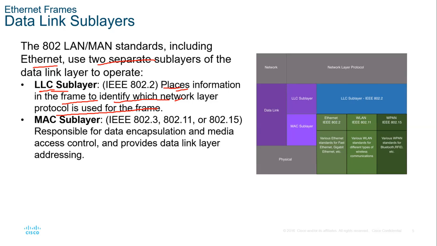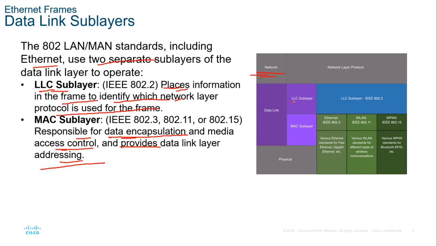Then the MAC sublayer is responsible for data encapsulation and media access, and provides data link layer addressing. So when you look at this, we still have the upper layer, which is the network.